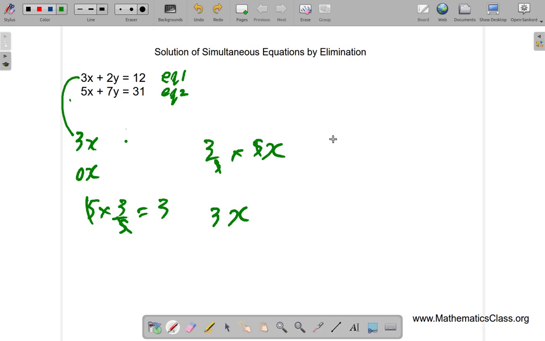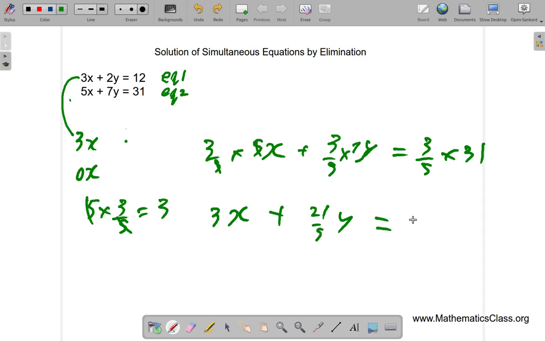But we would also have to multiply 7y by 3/5, and say equals 3/5 times 31. This would give us 21/5 y, and this part would give us 93/5.